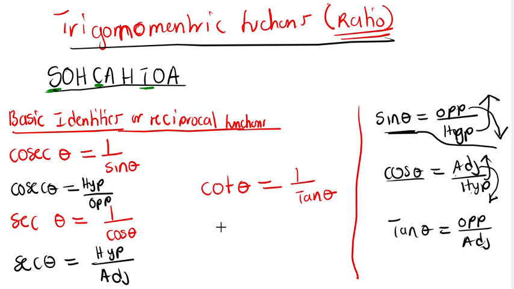That is also a ratio you need to take note of. The other one is cot. The ratio of tan is opposite over adjacent, so cot is adjacent over opposite. This is what you need to take note of.